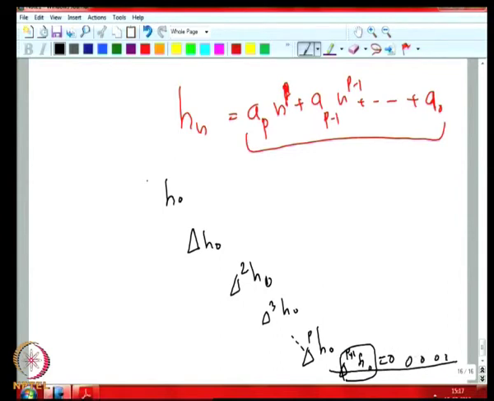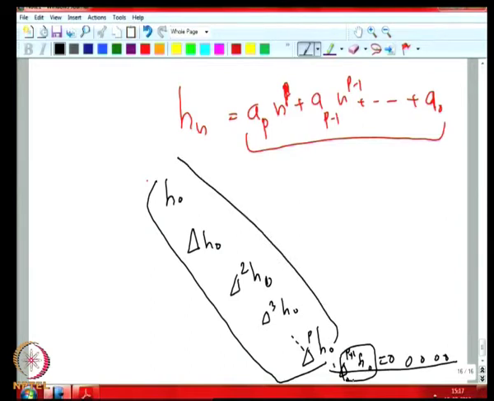That is what we proved in the previous theorem, right. We have shown that if the general term is given by a polynomial in n of degree p, then the p plus 1th row onwards is going to be 0, p plus 1th row, p plus 2th row and so on. And in particular the first term of those rows, namely delta p plus 1 of h0, delta p plus 2 of h0, delta p plus 3 of h0, all of them will be 0. So, we will have non-zero values possibly up to here, not beyond that, right.